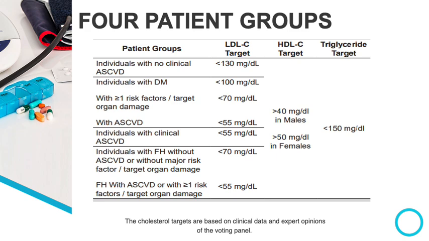However, those with FH and ASCVD or more than one risk factors and target organ damage, the target LDL should be less than 55. As for the HDL cholesterol target, in males it should be more than 40 and in females it should be more than 50 milligrams per deciliter. In general, the target triglyceride level should be less than 150 milligrams per deciliter in all individuals.